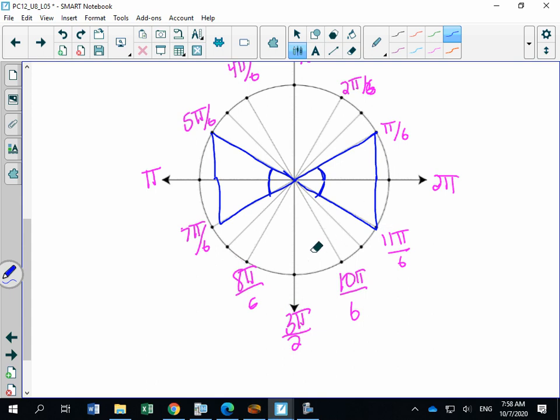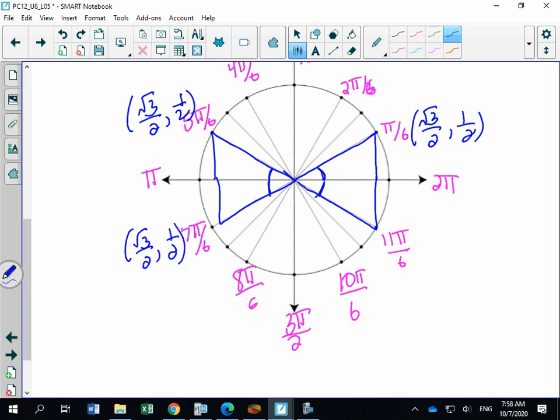So we just calculated that a 30 is root 3 over 2 and 1/2. So what I do is I literally go to every single 30 and I put that same coordinate in. So every single coordinate I would go to and I would put that in.